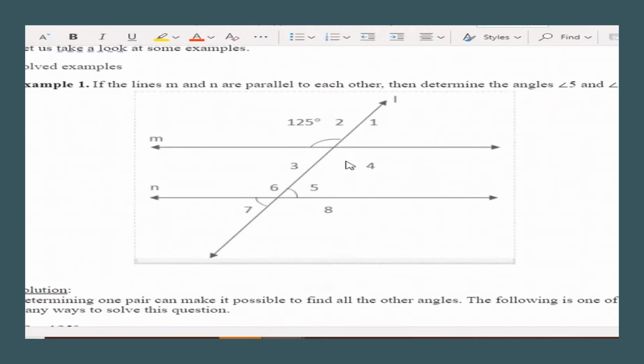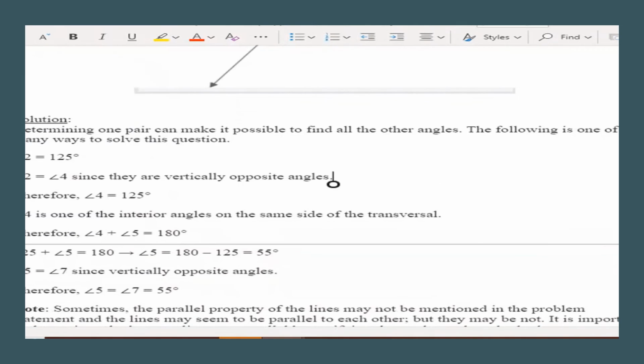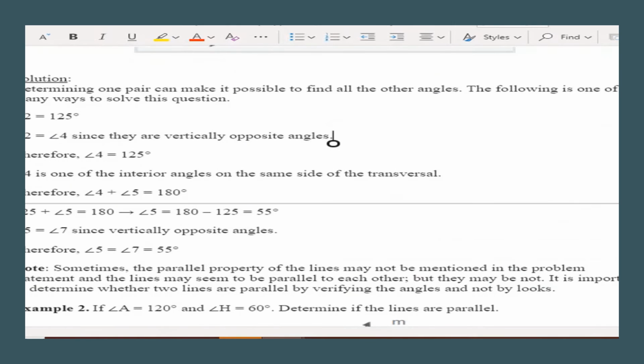So if 4 is 125, 4 plus 5 should give me 180, which is very, very true. So 125 plus angle 5 equals 180. That implies angle 5 is equal to 180 minus 125, which is equal to 55.